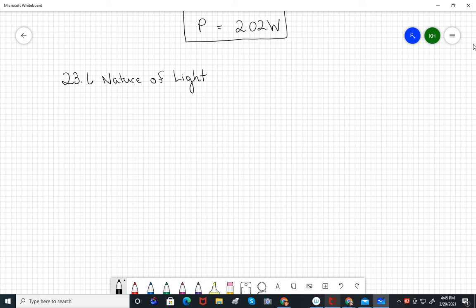So I'm going to say roughly, and these are approximate because there's some overlap, but before roughly 1700, the general theory was light was a stream of particles. We call those particles corpuscles.